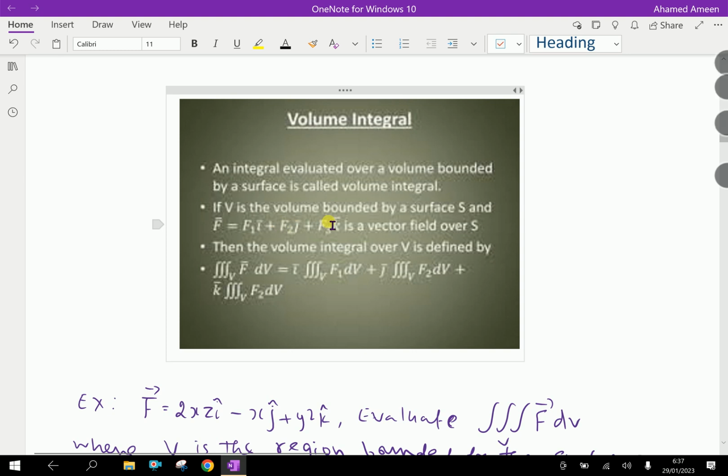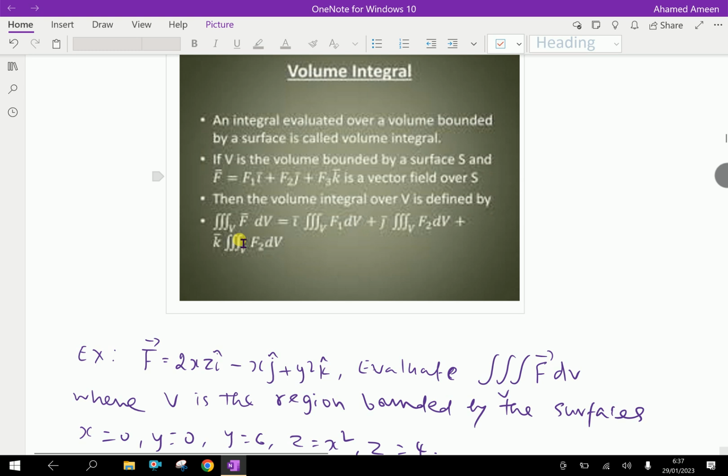If V is the volume bounded by a surface S and F vector is F1 i plus F2 j plus F3 k, a vector field over S, then the volume integral over V is defined as triple integral over V of F dV, which is equal to i times triple integral of F1 dV plus j times triple integral of F2 dV plus k times triple integral of F3 dV.